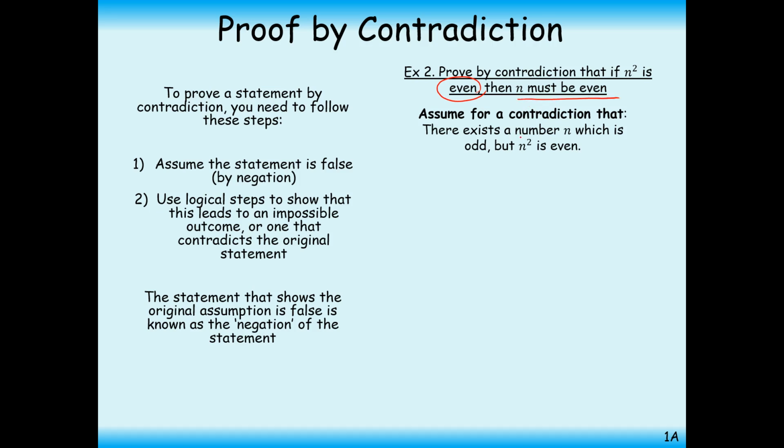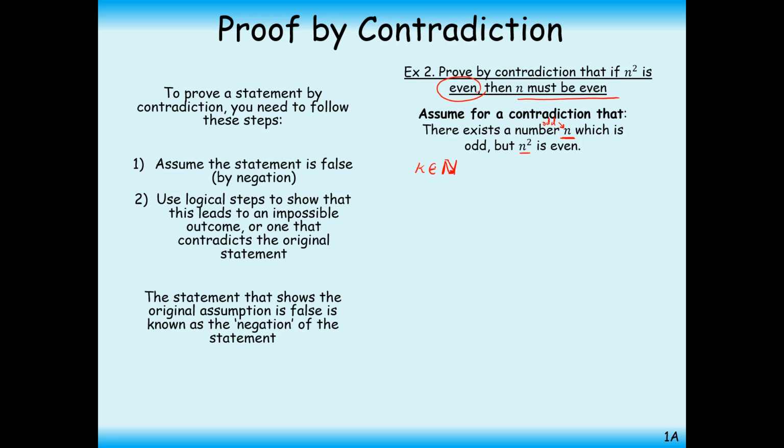So we are going to say that there exists an odd number here that will result in an even number when it's squared. What's the expression for an odd number? Let n be an integer. This capital N, when I write it with double lines, means that it's a member of the natural numbers.